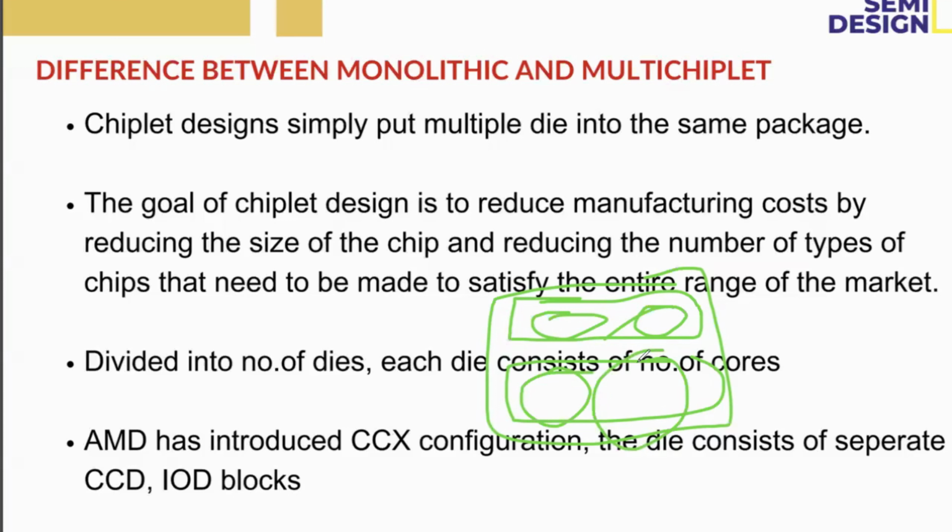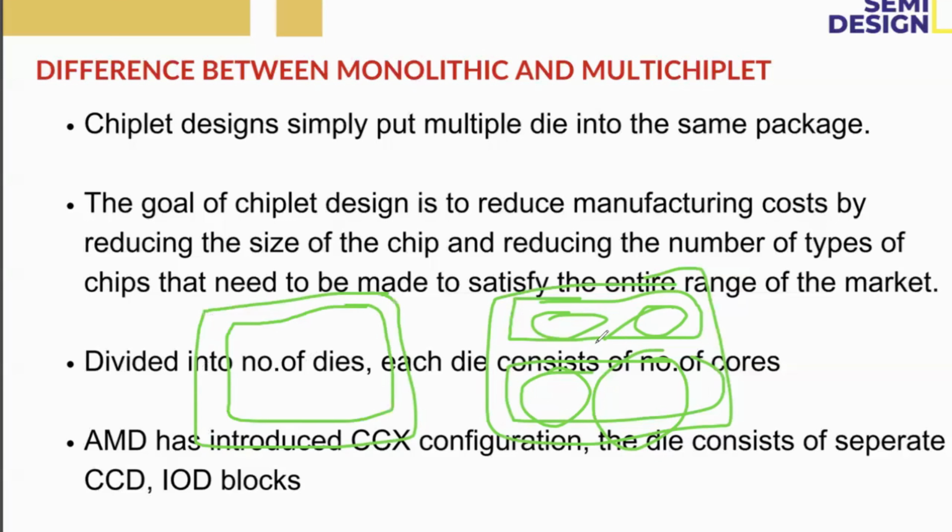Before, we saw the monolithic: one package and one die, and in that die all the things, processors or cores, data, control, memory modules, are integrated on a single die. But here we are separating into a number of dies. In each die there will be the core processor separately and IO devices separately. So that is the process.